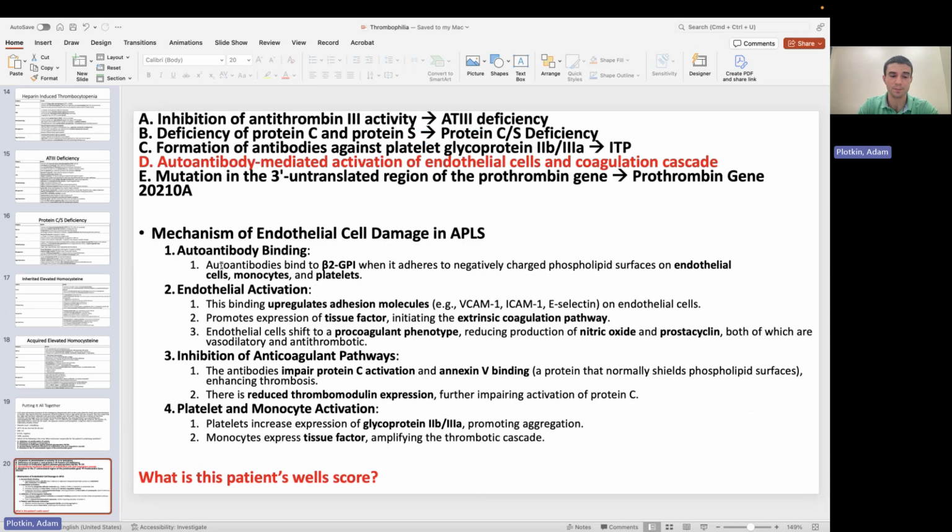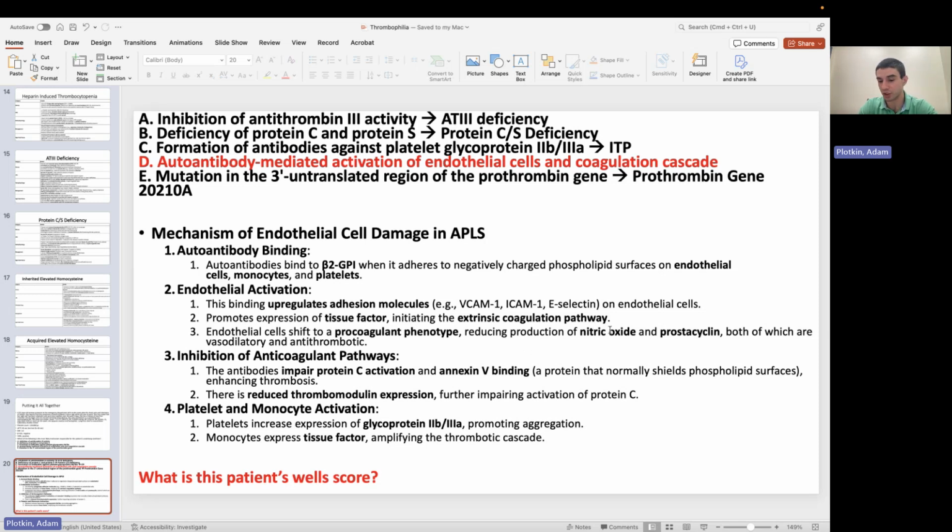The pathophysiology: the autoantibodies bind to beta-2 glycoprotein, which adheres to negatively charged phospholipids on the endothelial cells, the monocytes, and the platelets. That upregulates adhesion molecules, which promotes expression of tissue factor, factor 3, which initiates the extrinsic clotting pathway. The endothelial cells shift into this procoagulant phenotype.